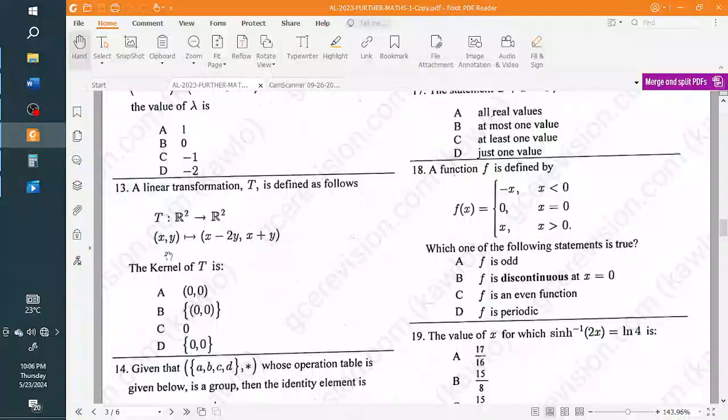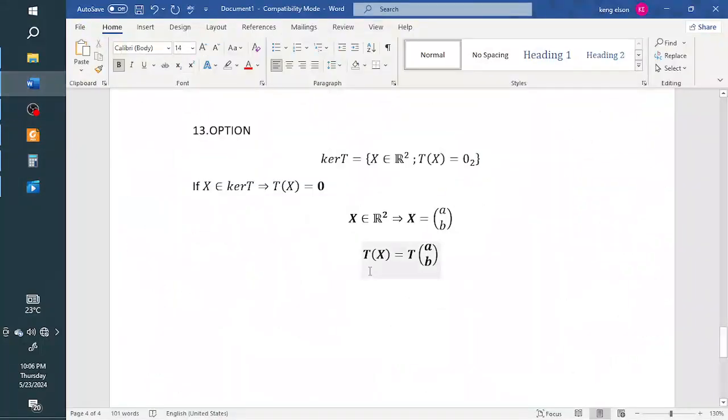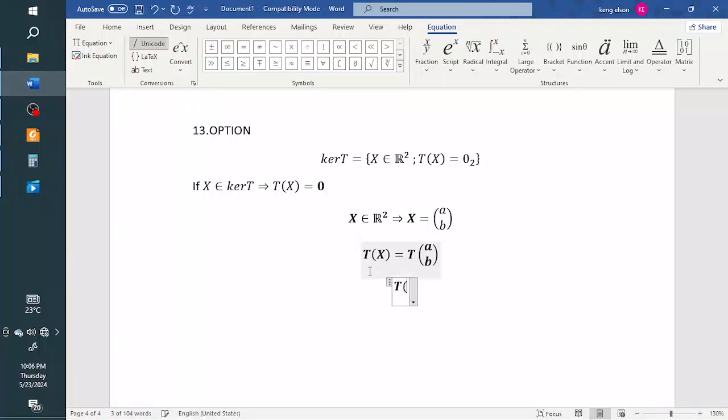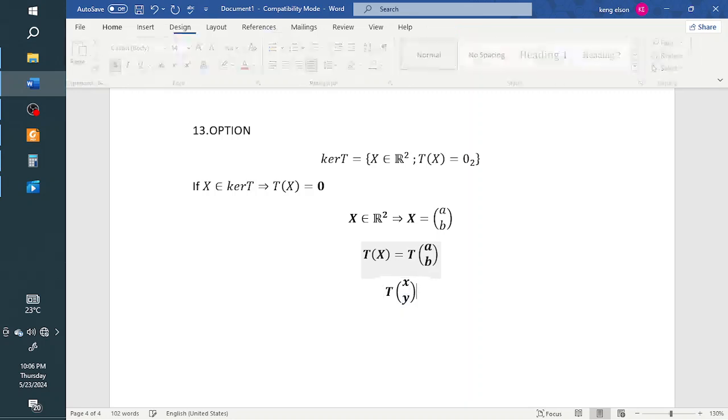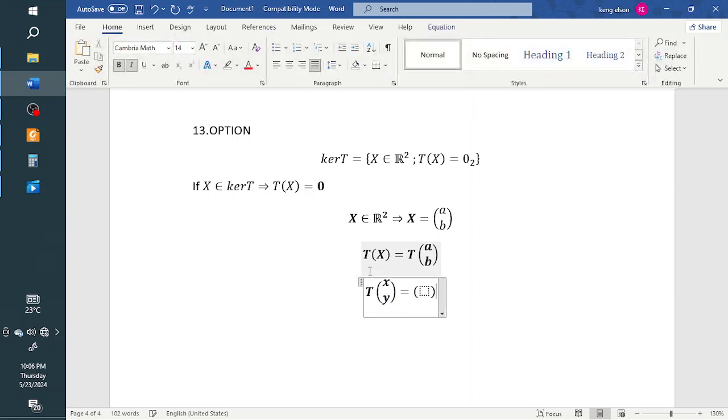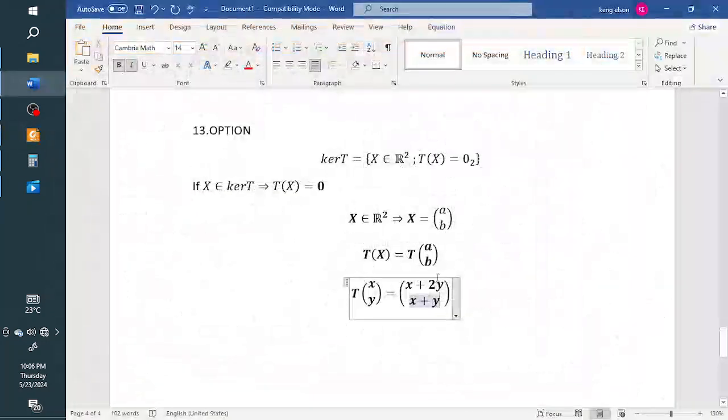So this transformation is just saying that T of (x, y) is (x minus 2y, x plus y). So let me write its formal definition. T of (x, y) is equal to, let's see, is it x plus 2y? No, it is x minus 2y, and x plus y.